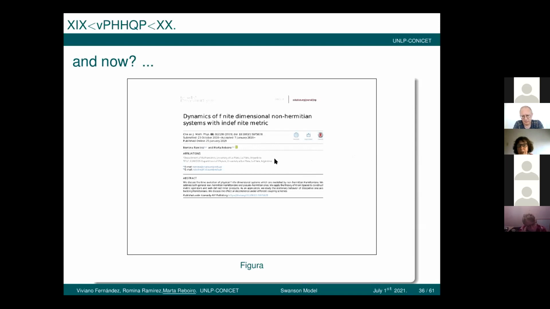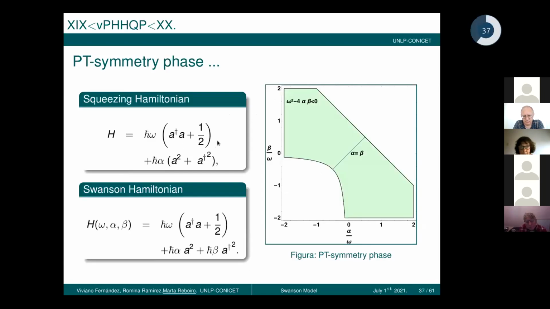And we learned that it was not so trivial to treat the system with infinite dimension in the framework of Krein space. There are a lot of conditions that the system has to fulfill in order to apply the formalism of Krein spaces.